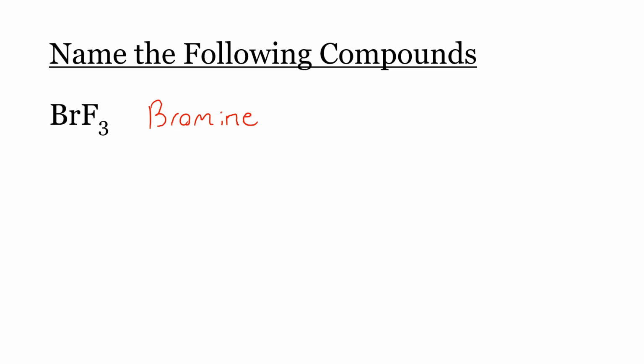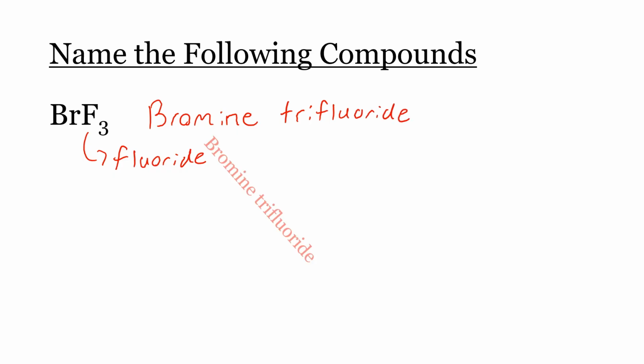So we have three of the fluorine atoms. So the prefix that we use will be tri. And then our fluorine will be changed to fluoride. So fluorine being changed to fluoride. So we get bromine trifluoride as the name.